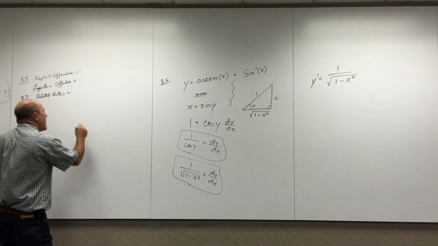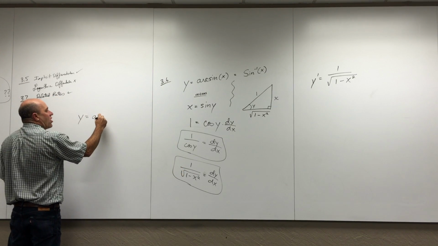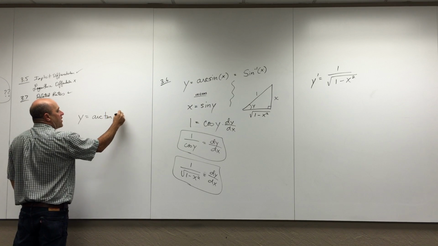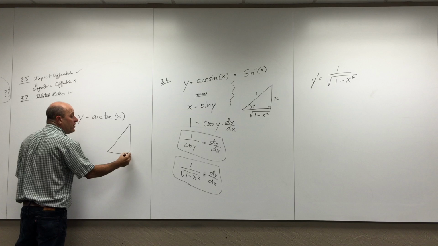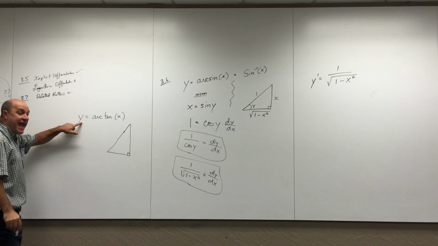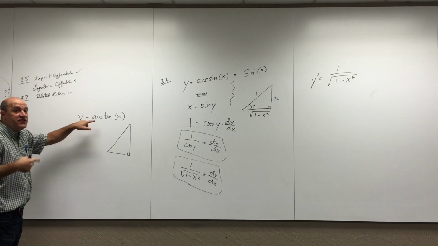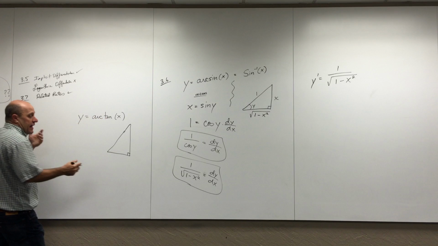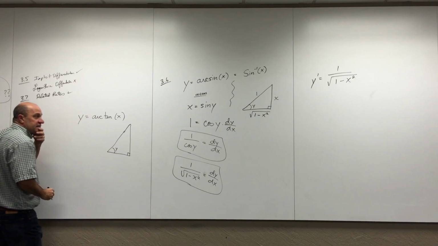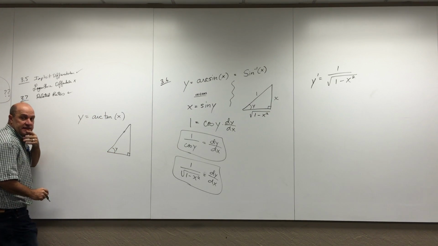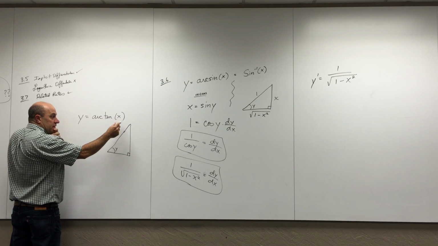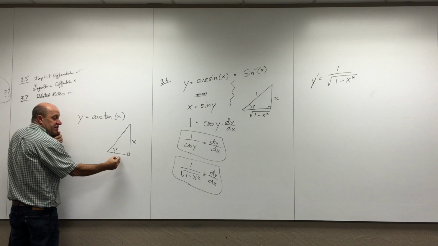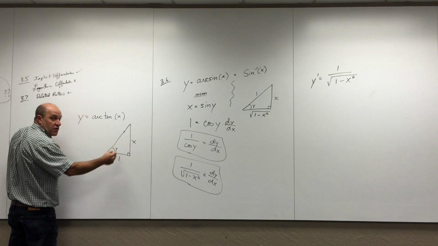Could you draw a triangle if you had y equals the arctangent of x? I don't even want to go through the whole proof, but can we draw a triangle for the angle y? This is the angle y whose tangent is x. Because now it's tangent and the answer is x, I would put opposite over adjacent, x over 1.